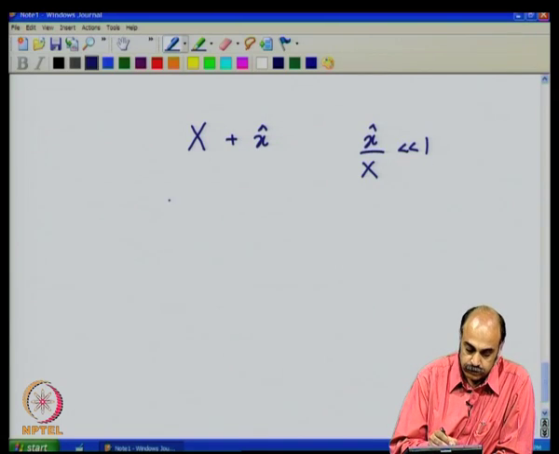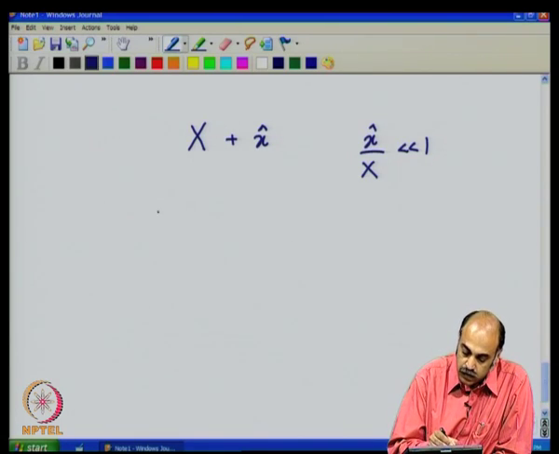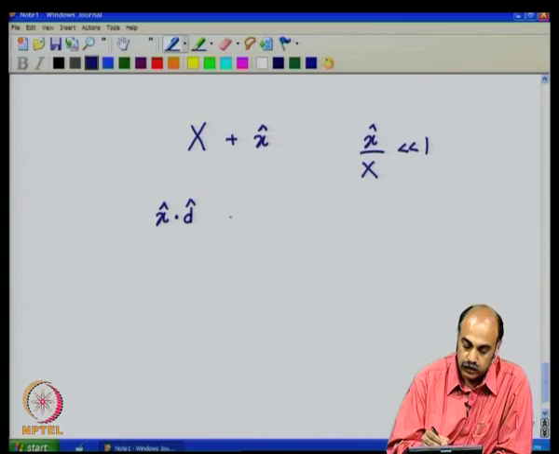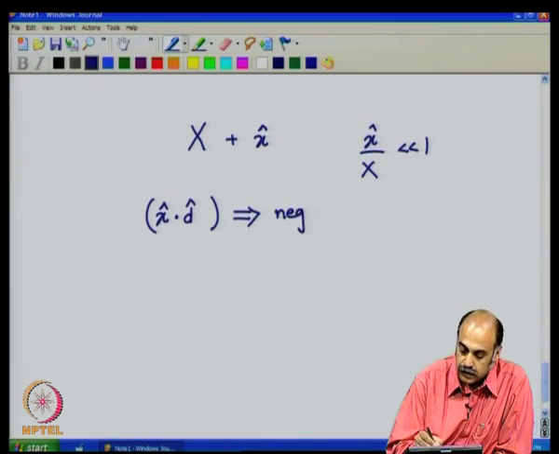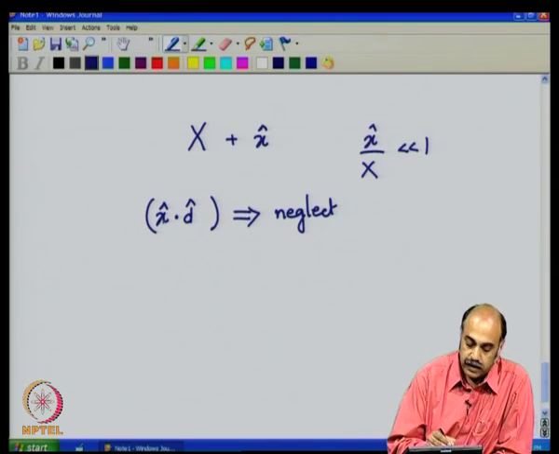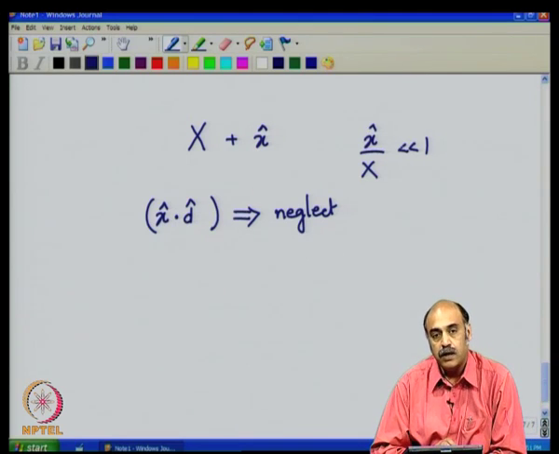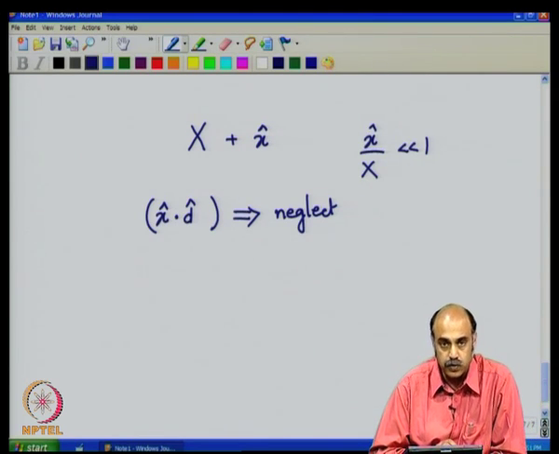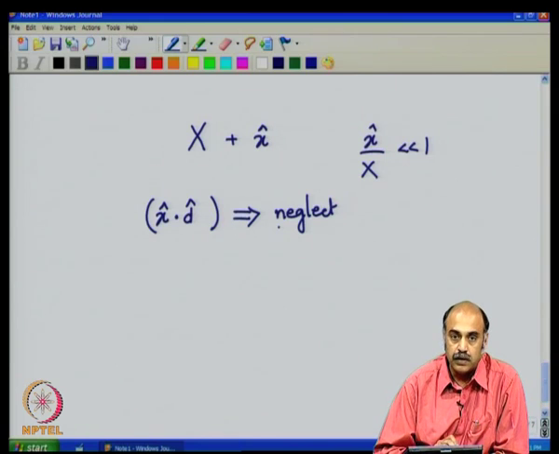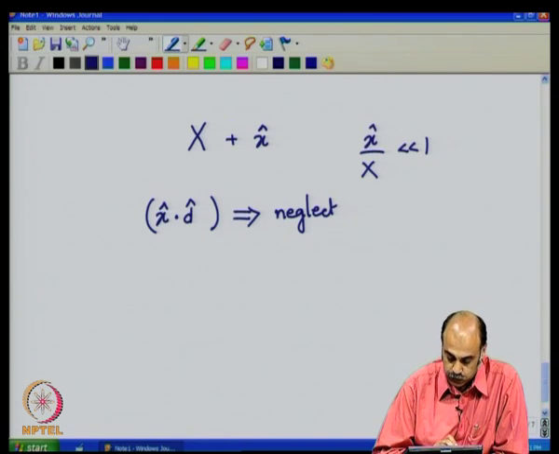And therefore, if you have a term which is a multiplication of two small signal parts, then we can neglect this term, because x hat itself is very small compared to x. So, in the normalized form, a very small number less than 1 into a very small number less than 1, we are trying to neglect it, as it is not so significant.